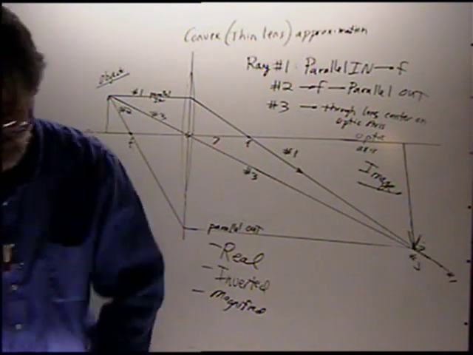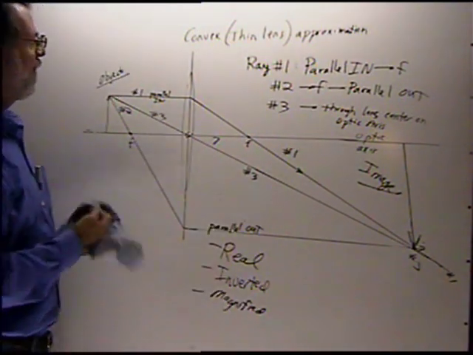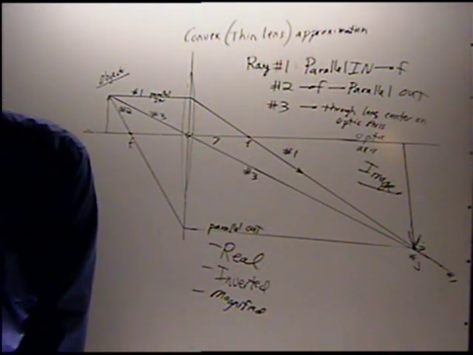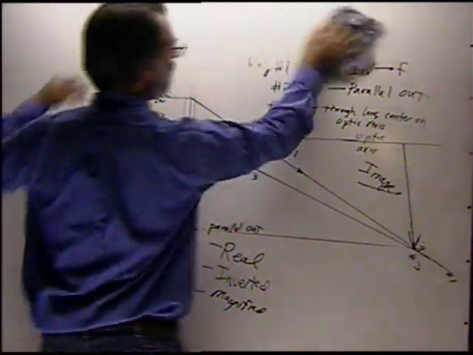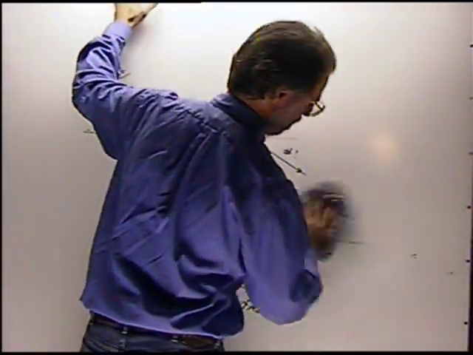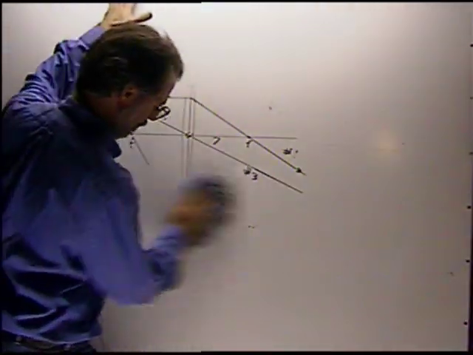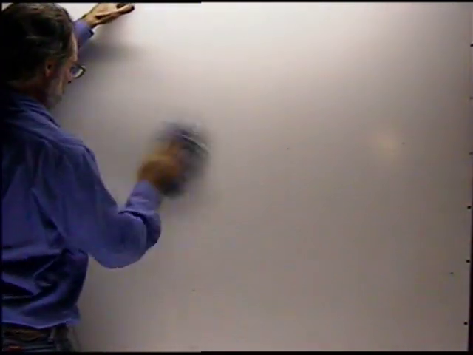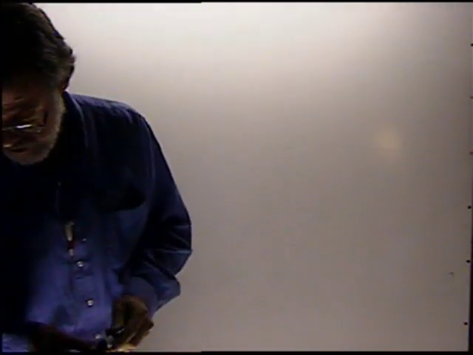Okay, so now that's the example for the thin lens. Now we're going to quickly do the last one, which is, look on page 409. Okay, we're going to do this one on page 409.